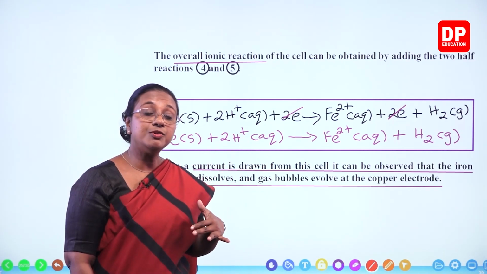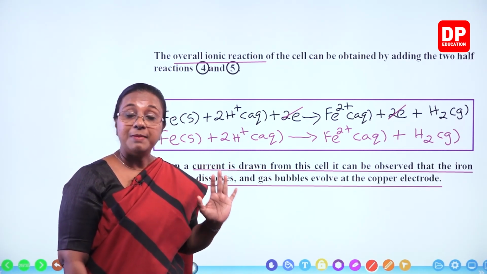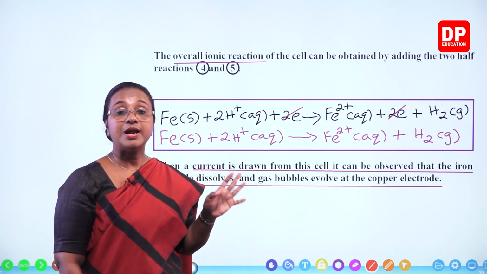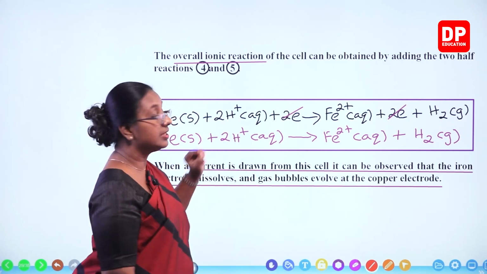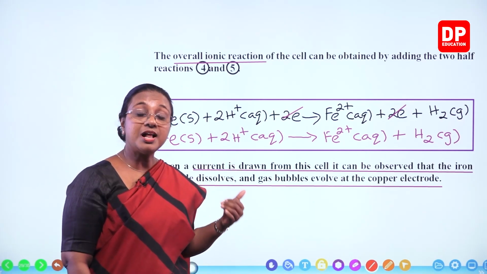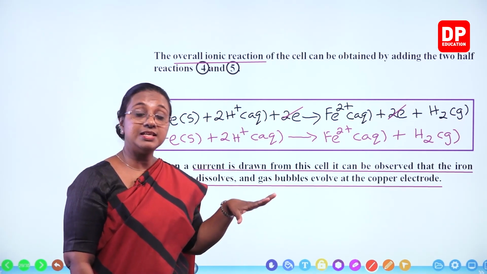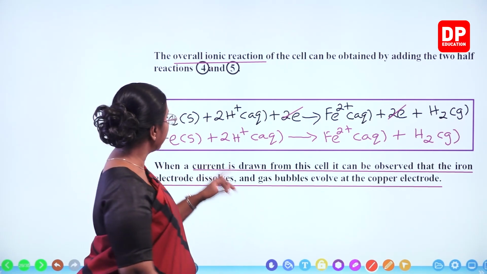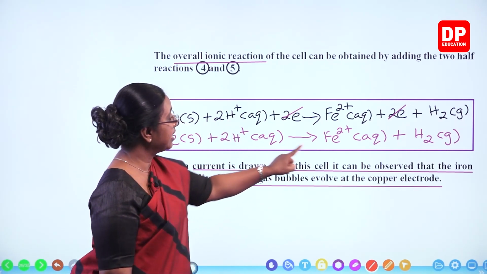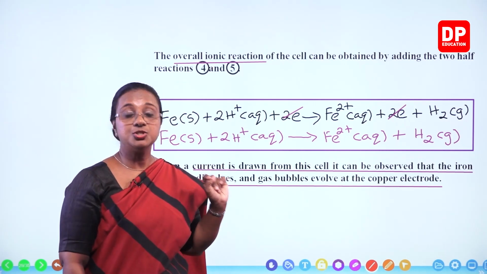Finally, if you want to write the balanced chemical equation, what do you need to consider? From sulfuric acid only we got the H plus ions. So the sulfate ions from sulfuric acid are still there in the solution. That will combine with H plus as well as Fe2 plus.